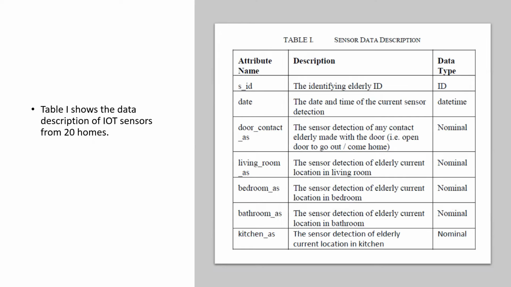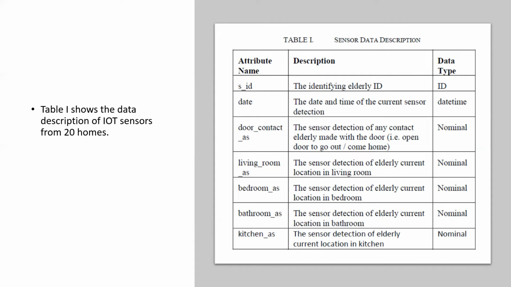So in the description, you have the attribute names. You have the SID, which identifies the particular elderly themselves, the date and time, and the sensor detection of any contact the elderly made with the door, i.e. opening the door to go out or come home.